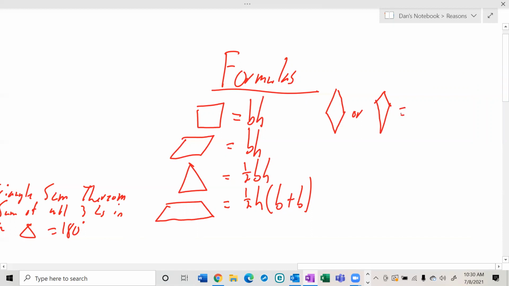We did that yesterday. Times, you're close, 1/2 the diagonal times the diagonal. The way they write that is diagonal 1 and diagonal 2, giving them names.